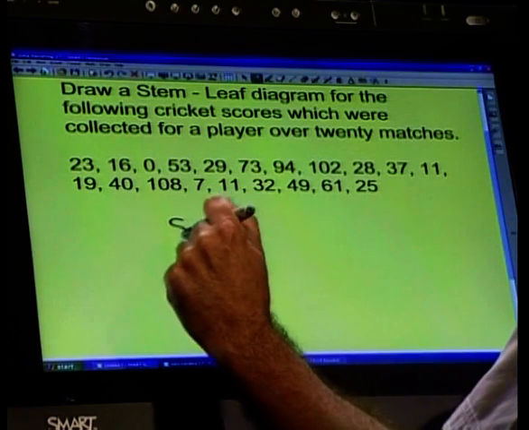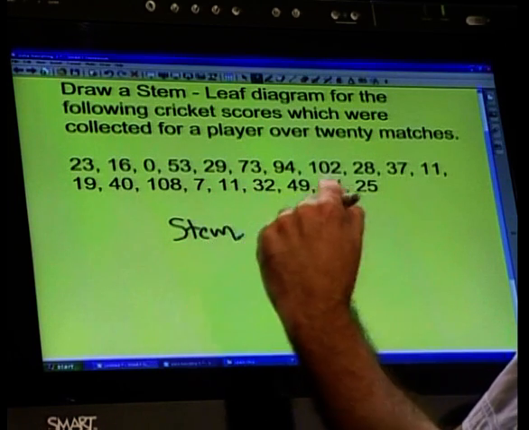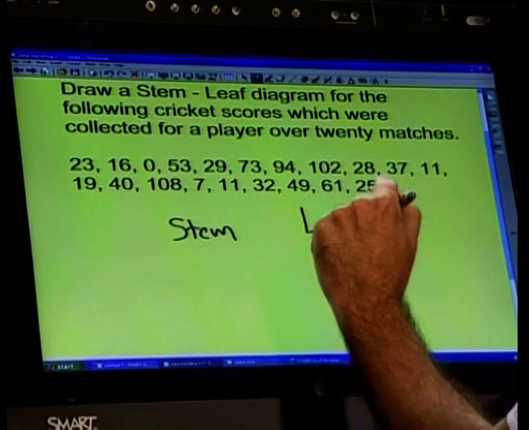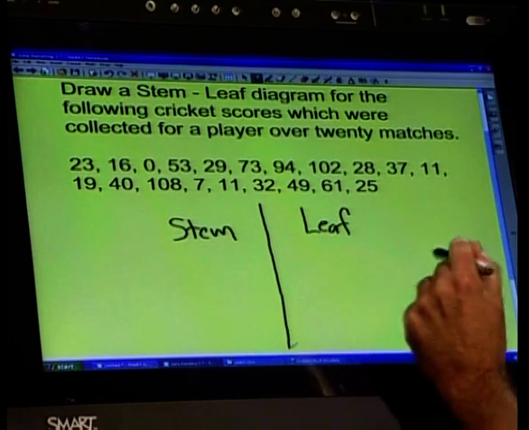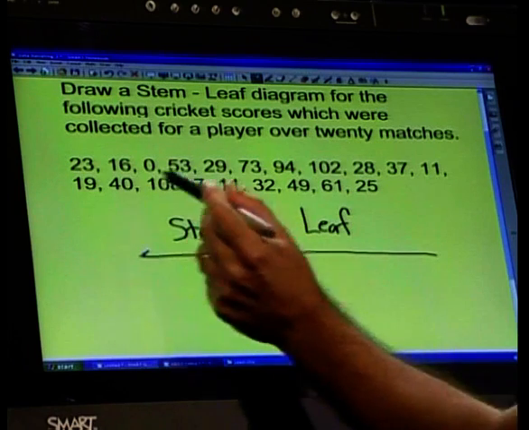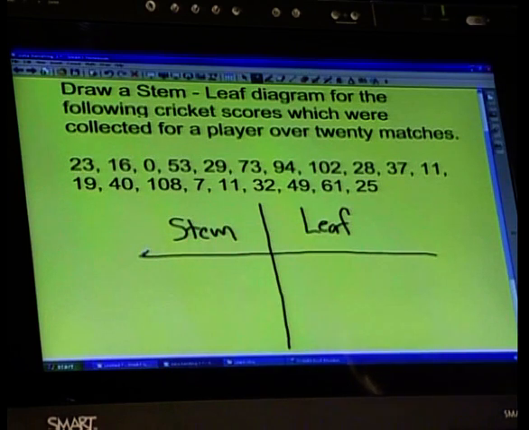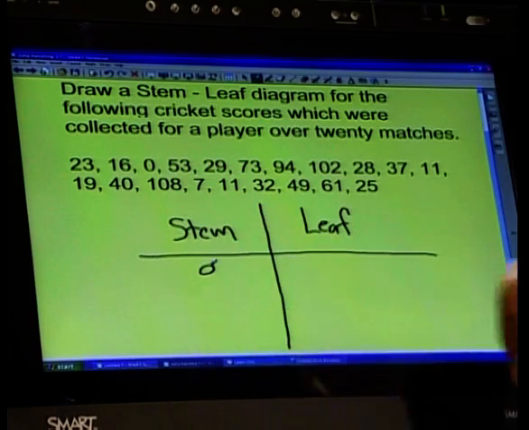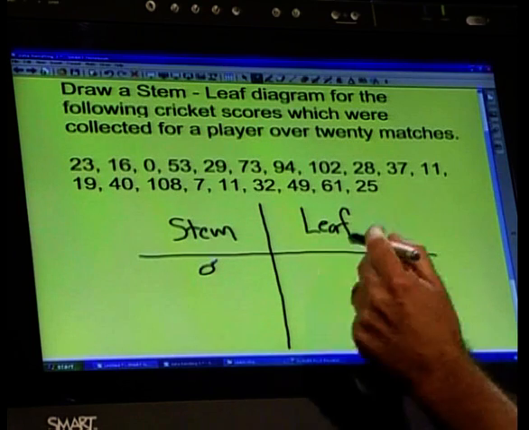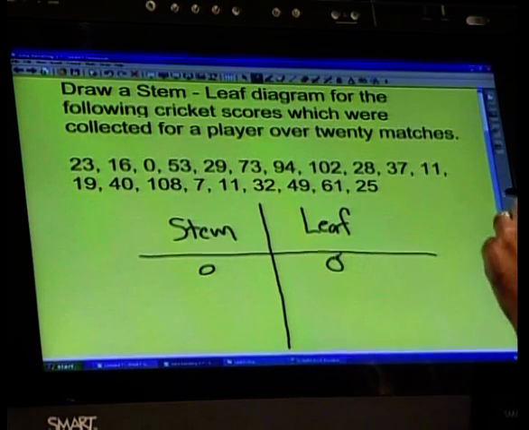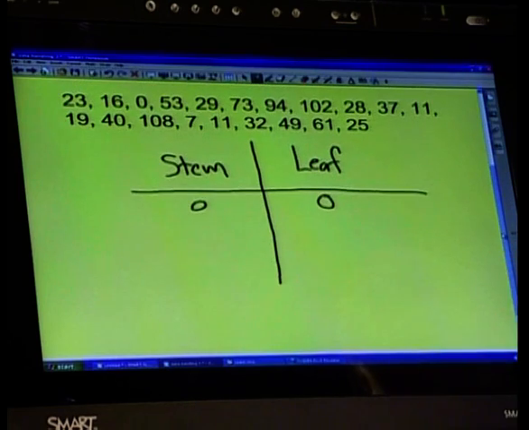So let's draw up a stem and leaf. We'll divide that up. Right. What is the lowest stem that we have? Well, we can see we have a score of 0. So the stem has to be 0, and the leaf also has to be 0 in this case.